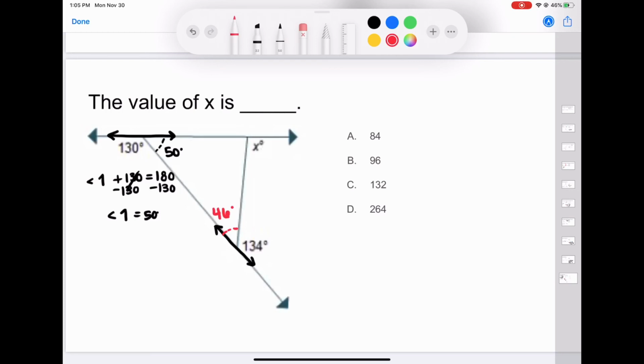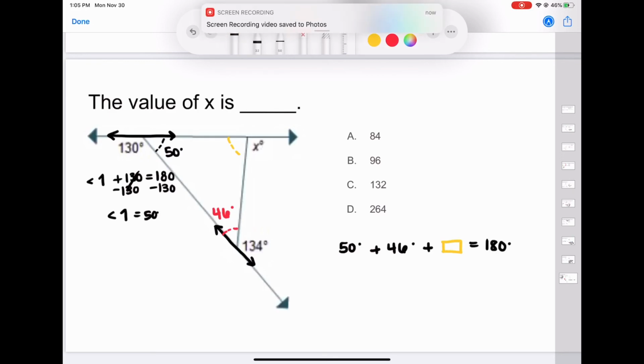Okay. So now what? So now what I can go ahead and do is solve for my missing angle, specifically this interior angle right here, by adding these angles together and seeing what gives me 180. So 50 plus 46 plus my missing angle, whatever that angle is, will give me 180.